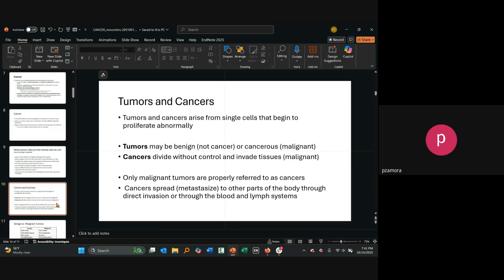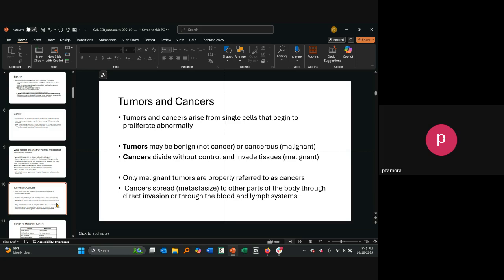What's the difference between a tumor and a cancer? Both of them, the tumors and the cancers, arise from single cells that begin to proliferate abnormally. Tumors may be either benign, that's to say they're not cancer, or cancerous. And by cancerous, I'm referring to a state of malignancy.